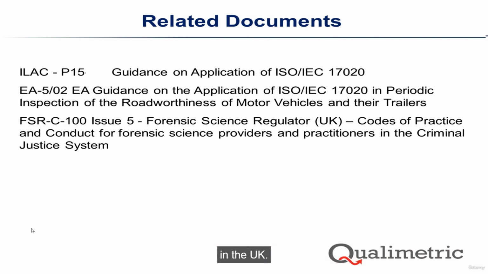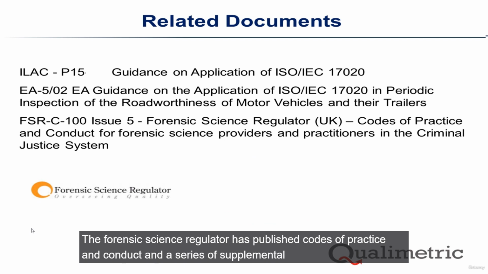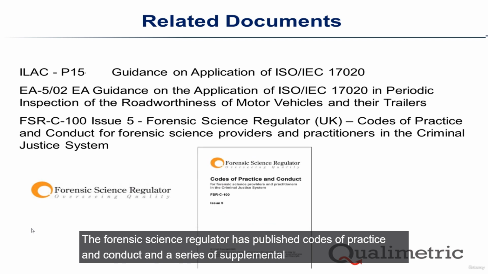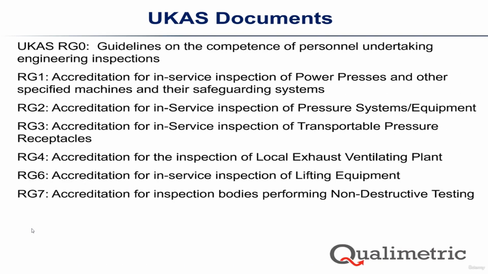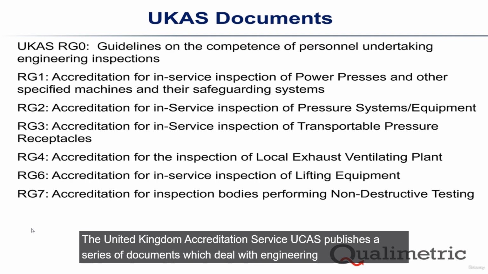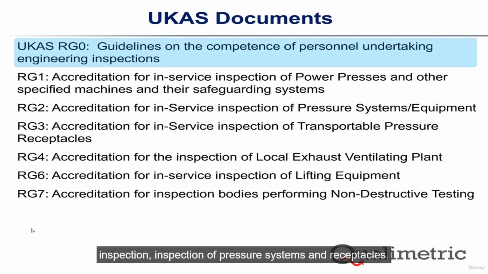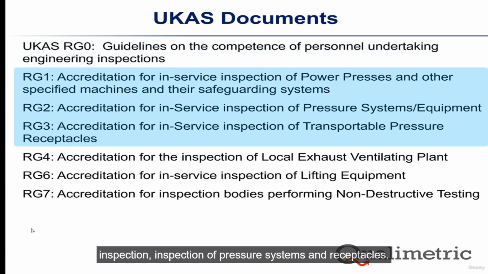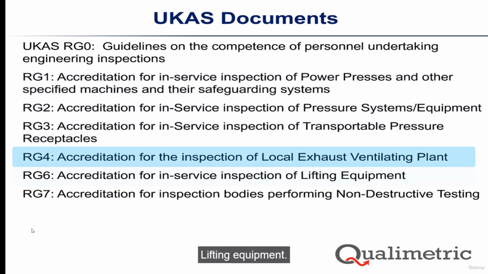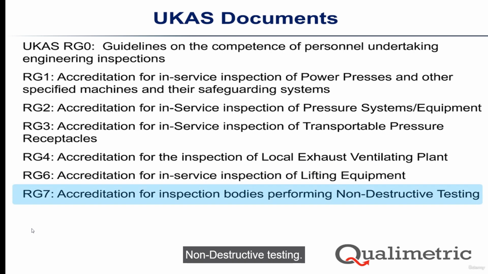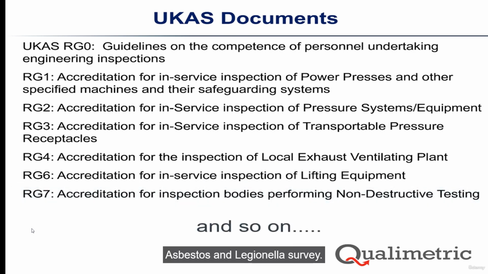In the UK, the Forensic Science Regulator has published codes of practice and conduct and a series of supplemental documents which relate to crime scene investigation. The United Kingdom Accreditation Service, UKAS, publish a series of documents which deal with engineering inspection, inspection of pressure systems and receptacles, exhaust ventilating equipment, lifting equipment, non-destructive testing, asbestos and Legionella survey, electrical equipment, forensics and other fields.